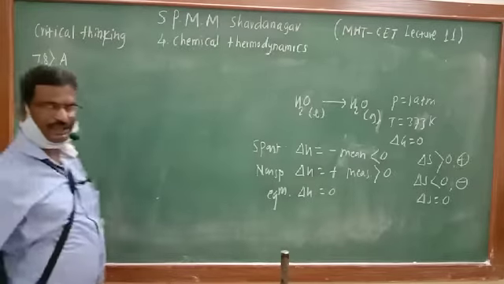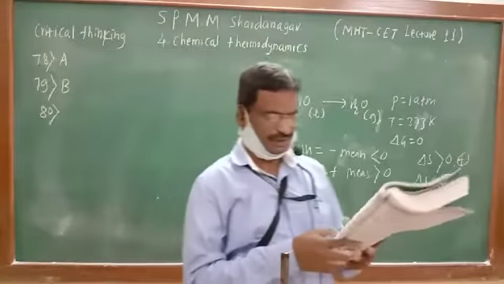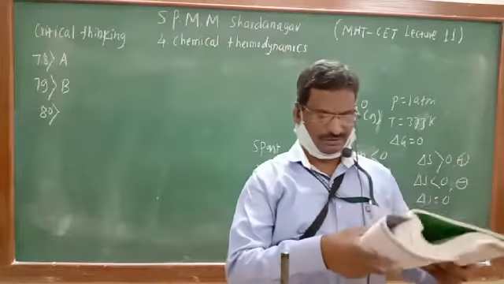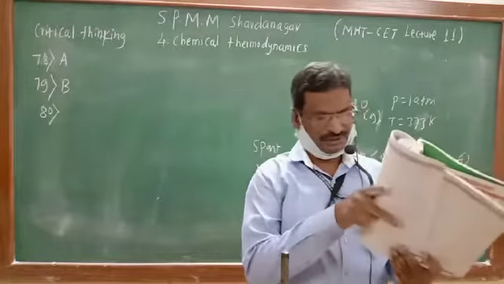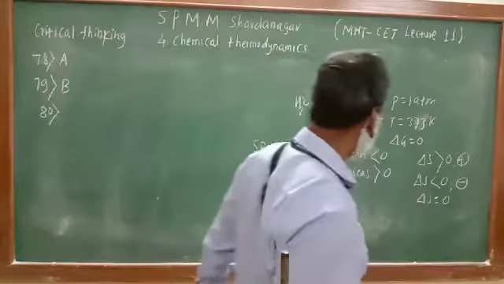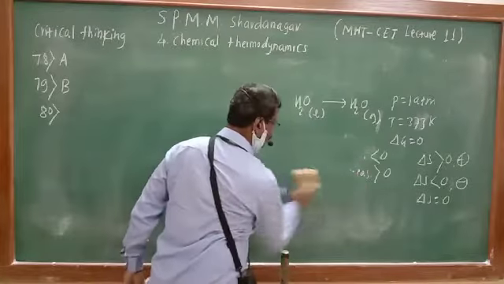Now question number 80. The enthalpy of vaporization of a substance is 840 joule per mole.